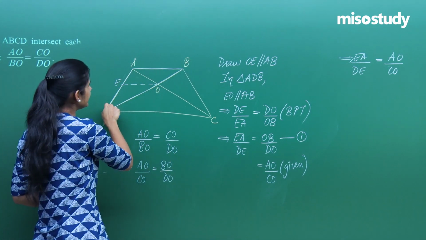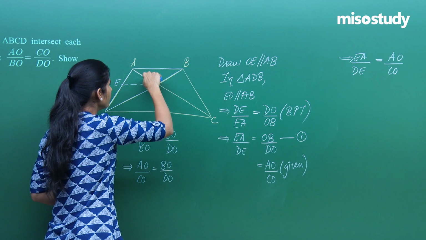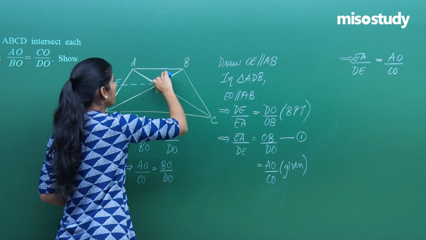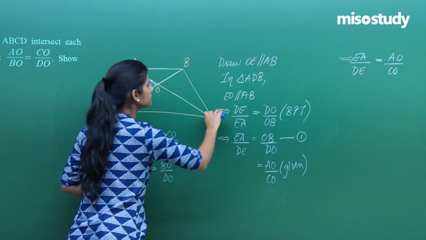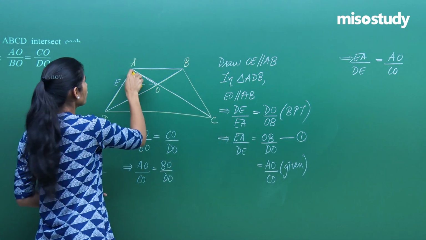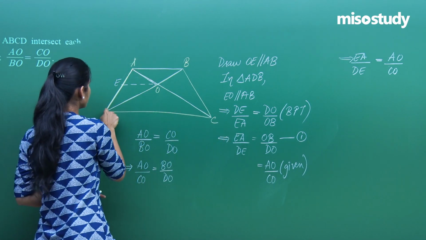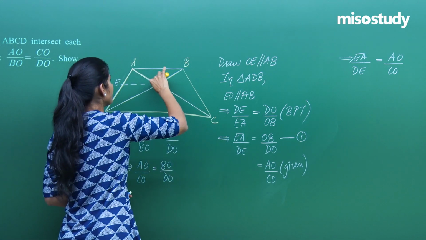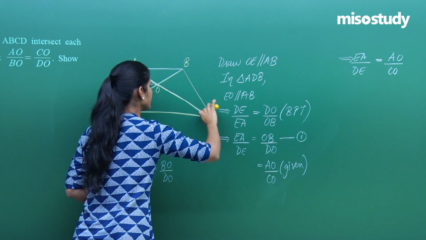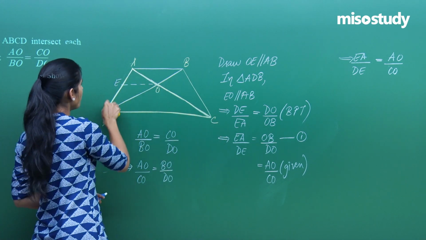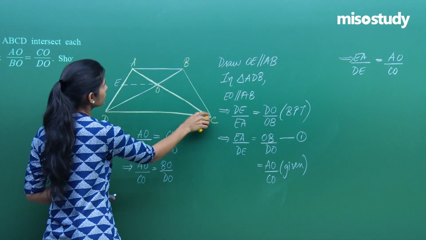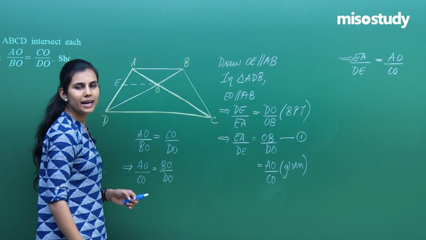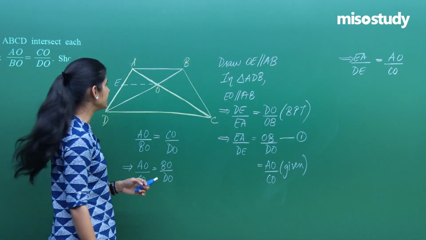EA upon ED is equal to AO upon CO. So just bring your focus now to this triangle. What is it that you have with you concerning this triangle? You have EA upon ED is equal to AO upon OC. So automatically this line will be parallel to this line by the converse of the basic proportionality theorem.